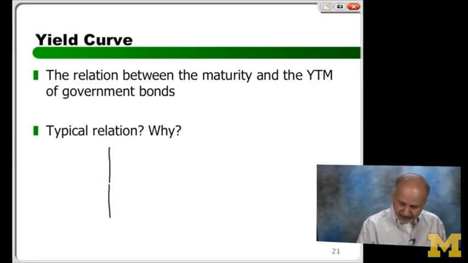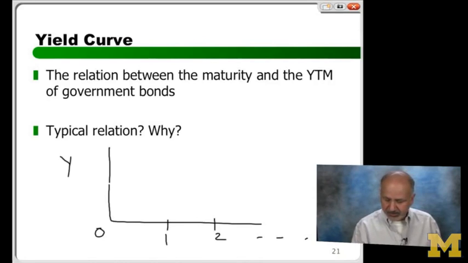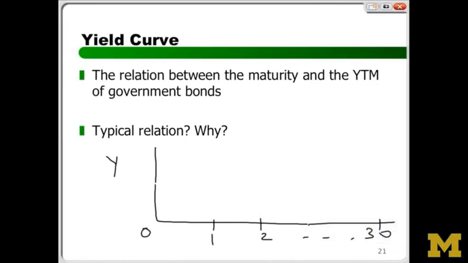So drawing a graph, if this is 0, right, and this is yield, and suppose this is 1 year, this is 2 years, this is 30 years. And the reason I'm doing 30 is, believe it or not, you can buy a bond that promises to pay you $100 30 years from now, and it is traded, and it has a price. So that's why I find it really cool.